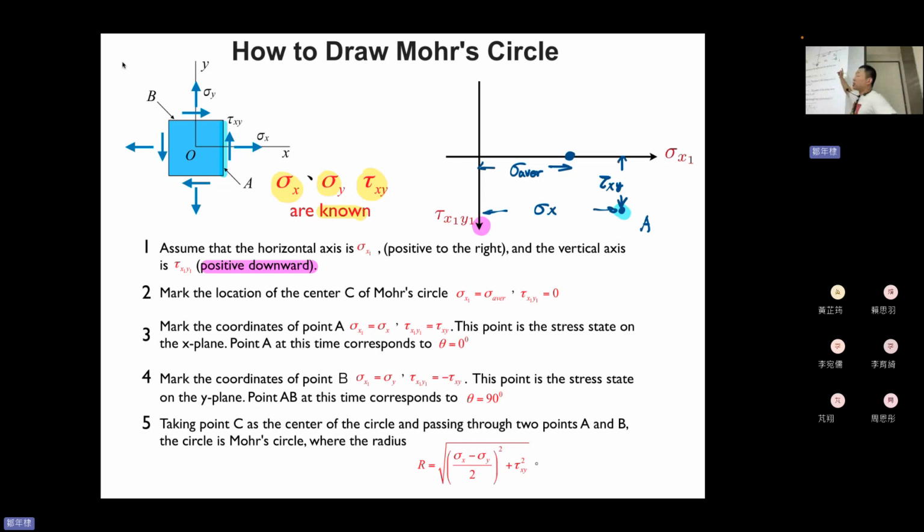This point in the circle space represents the real world plane A.